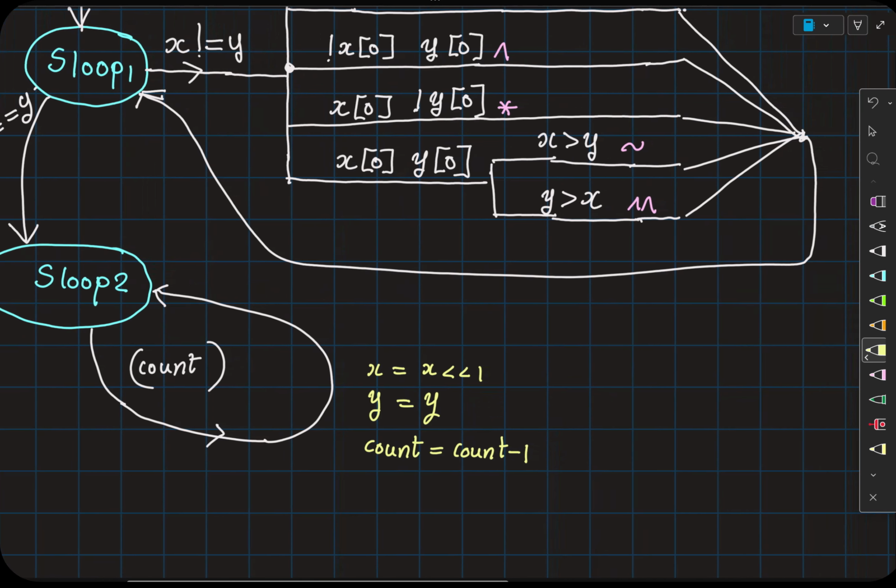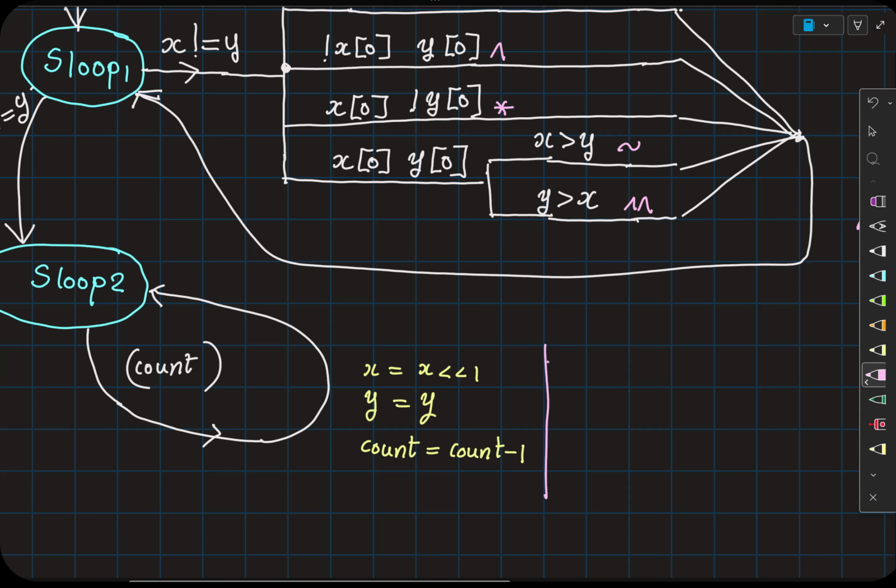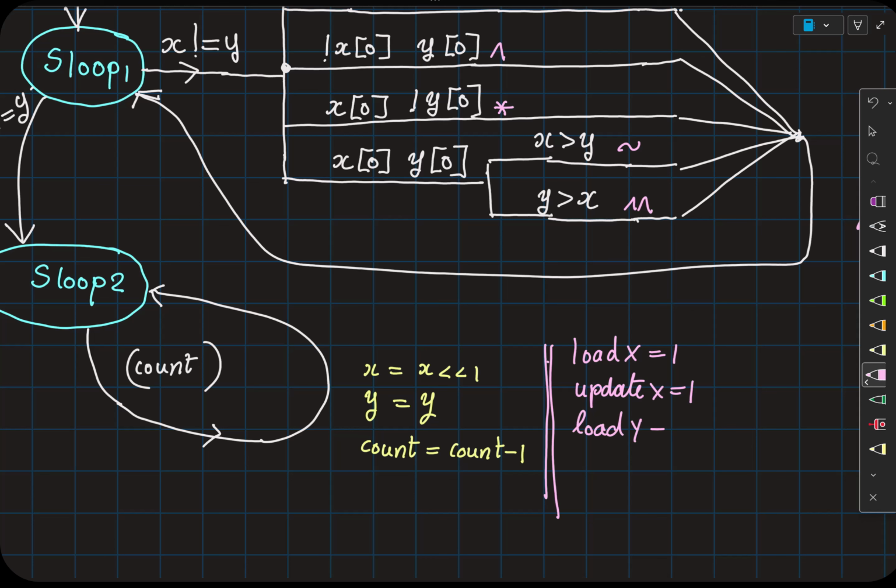Right? Let us look at the outputs of the controller. Load x, 1. Update x. Load y, update y. Doesn't matter. So I'm going to put it as 1 for now. Update counter.